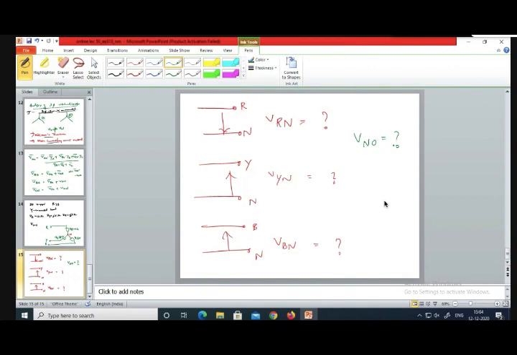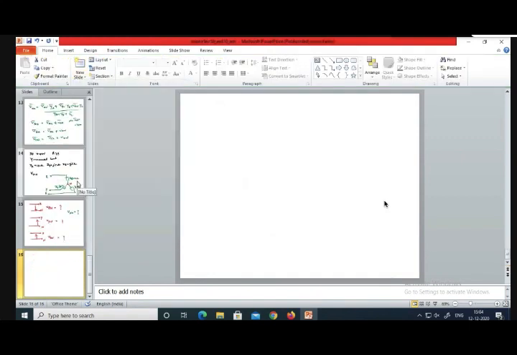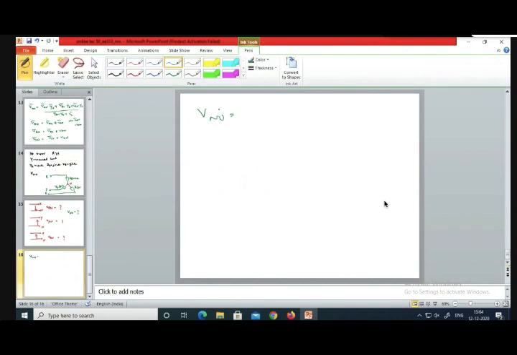Okay. So from Millman's theorem, we have got the formula as VNO, all phasors, is equal to VRO into YR plus VYO into YY plus VBO into YB.